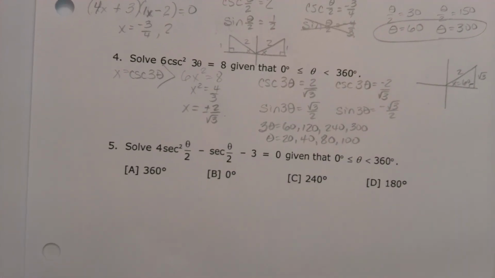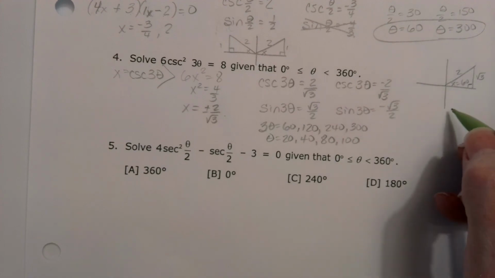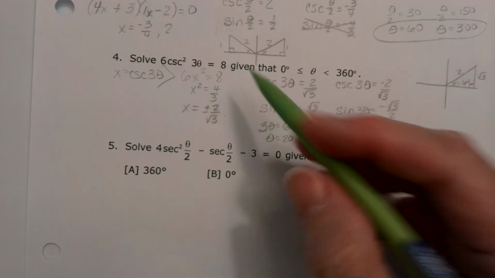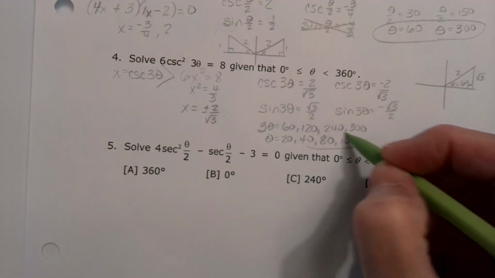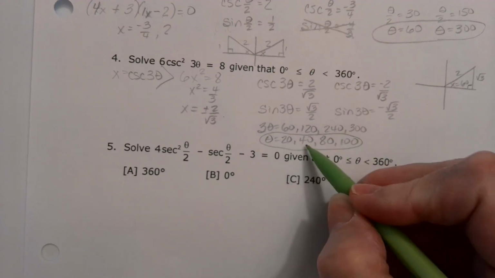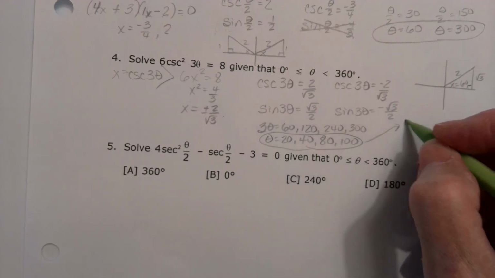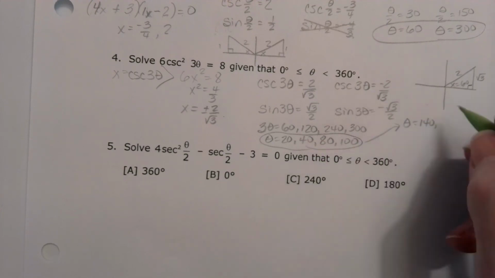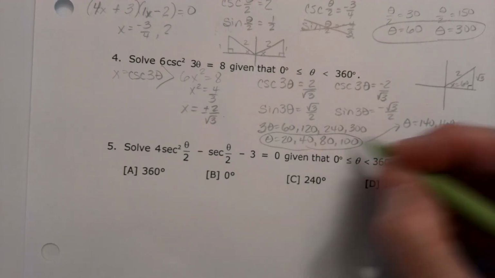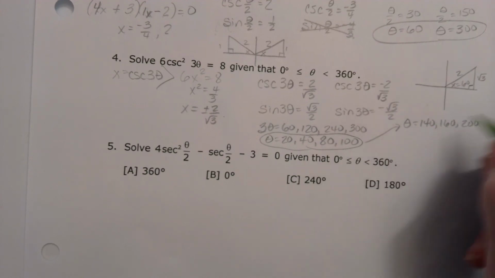Okay, now I want to do my quick thing. I want to say 360 all the way around, and I'm going to divide it by 3. 360 divided by 3 is 120. So this is my first set of answers. Then I'm going to add 120 to each one of those. Okay, and I get 140, add 120, add 120, add 120.